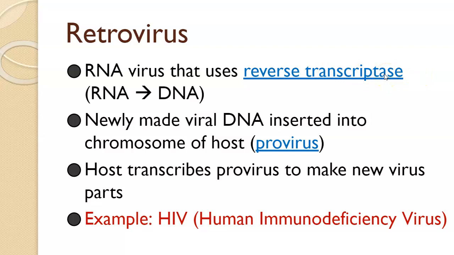If we remember, transcription is going from DNA to RNA. So if we need to go back the other direction, we have reverse transcription. And then the DNA is what then gets inserted into the host for the lysogenic phase, for example, or can go into the lytic cycle and make new virus pieces. HIV is one example of a retrovirus that does this.